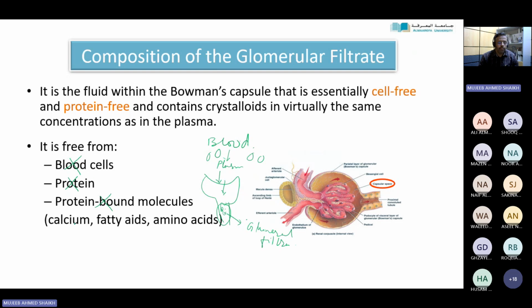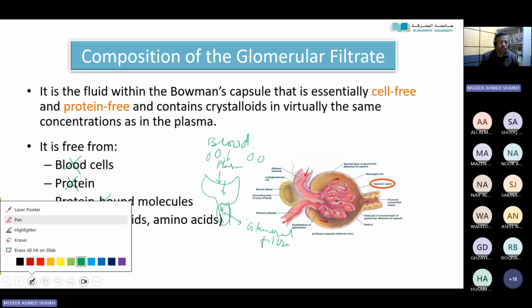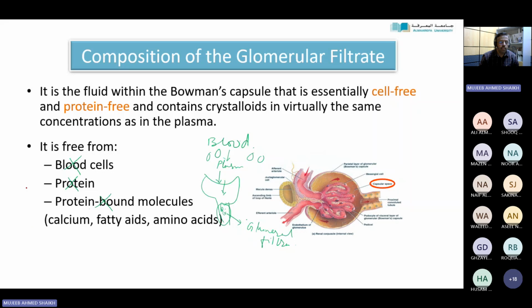It could be calcium, fatty acid, or amino acid which are bound to the protein. So they are not released and are not joining the filtrate. You can say they are banned. They have no entry.